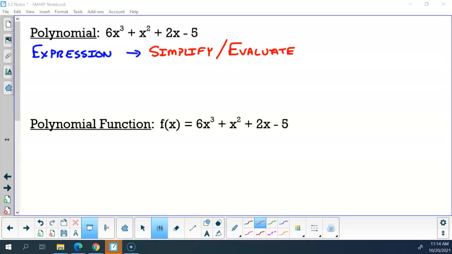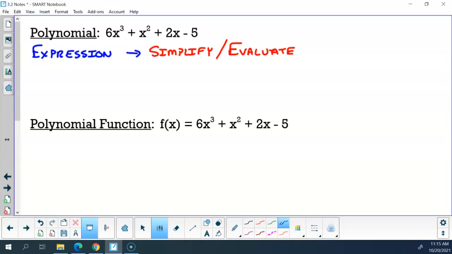Yeah? Can we do anything else with it? Sure you could. I can think of a bunch of other things, but we'll get to those tomorrow. We can add another expression to it. We can combine expressions. We can multiply expressions. We can subtract expressions. But we'll get all that stuff tomorrow.